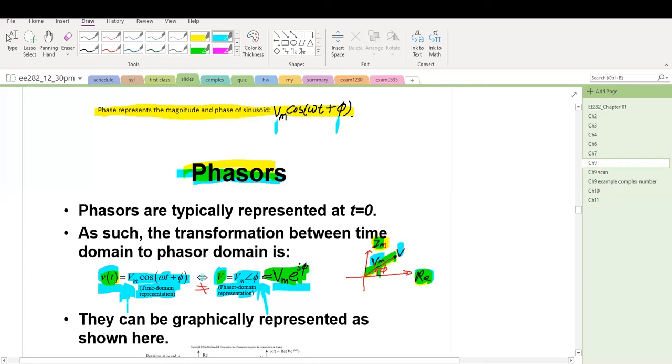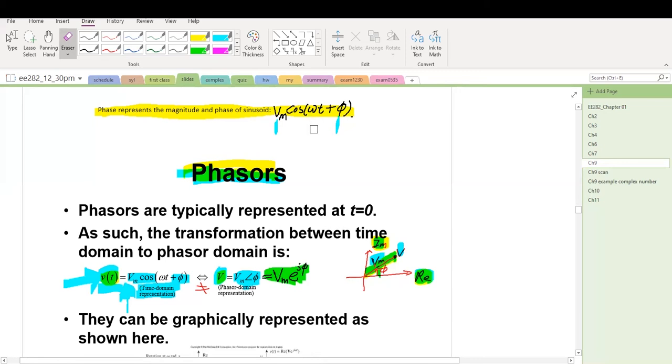They represent the same thing, but they cannot be equal because this is a function of time, but this phasor involves a complex number. So it's in the complex domain, also called the frequency domain, because it's related to omega.